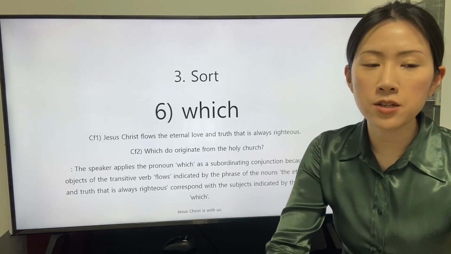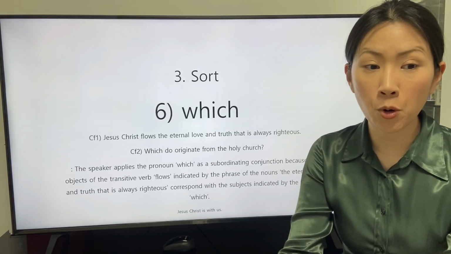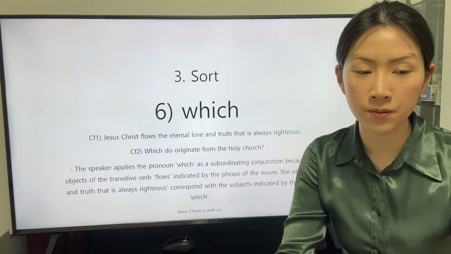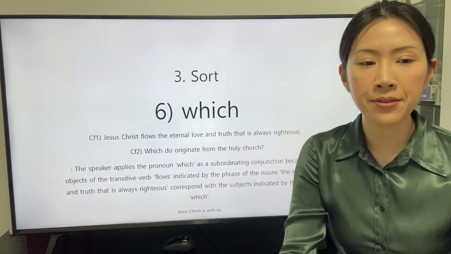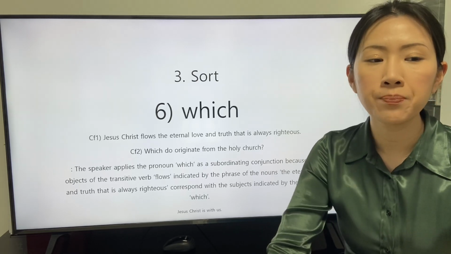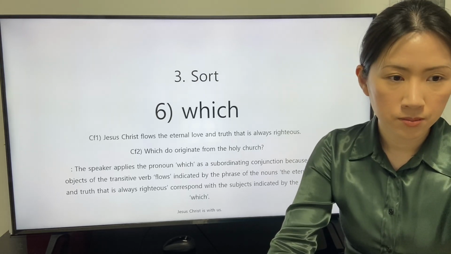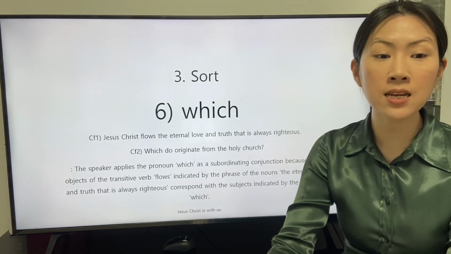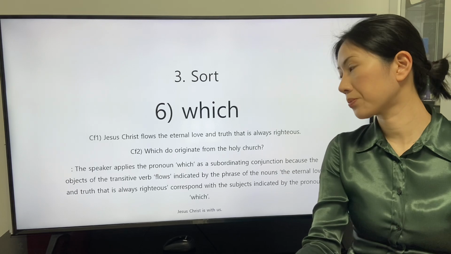The speaker applies the pronoun which as a subordinating conjunction because the object of the transitive verb flows, indicated by the phrase of the nouns, the eternal love and truth that is always righteous, corresponds with the subject indicated by the pronoun which.